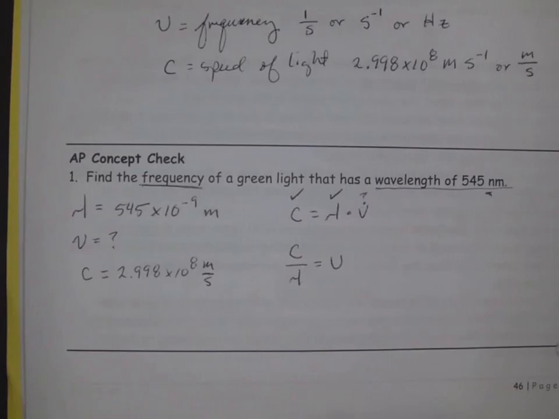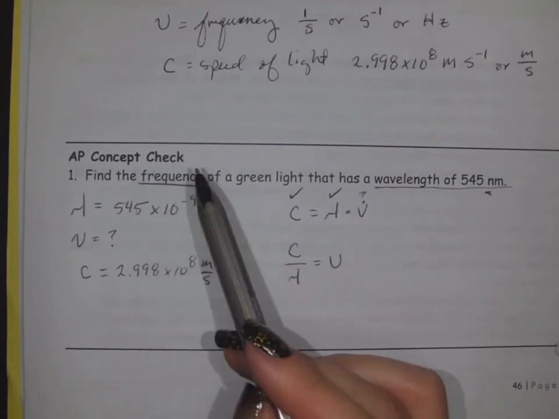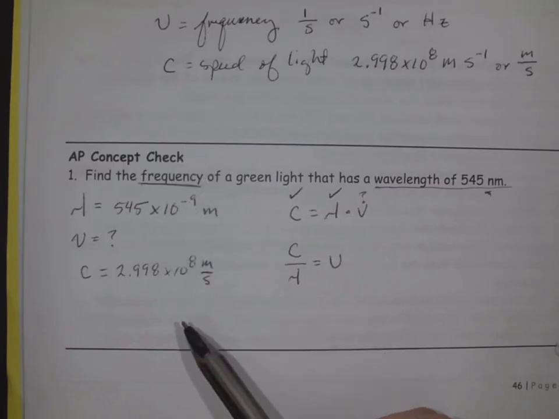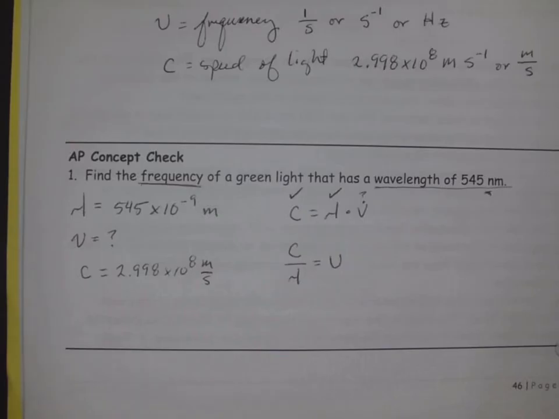At this point, I would not rewrite this with the numbers in there because I already did my list of knowns and unknowns. So this is perfect work that we would want to see on this AP Chem test.